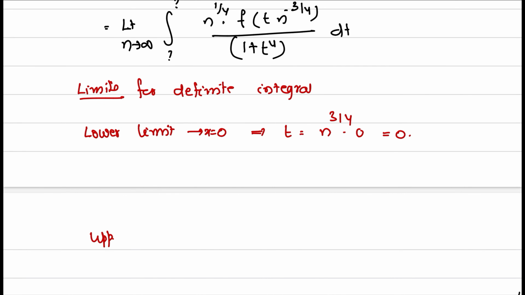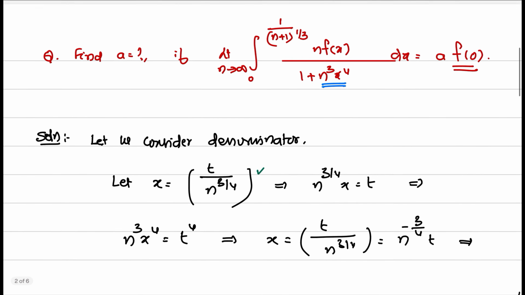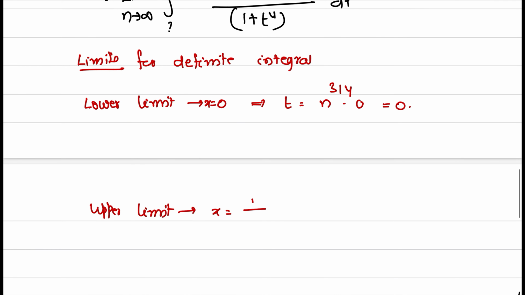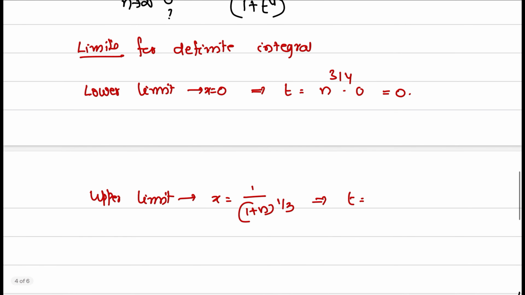Upper limit. What is the upper limit for x? x is equal to 1 by 1 plus n to the power of 1 by 3. That implies t is equal to, what is the t value? n to the power of 3 by 4 into 1 by 1 plus n to the power of 1 by 3.